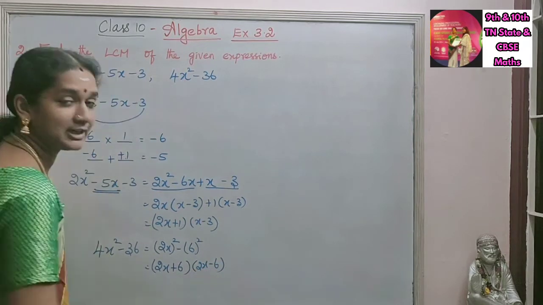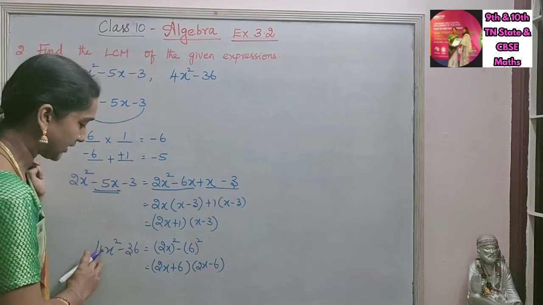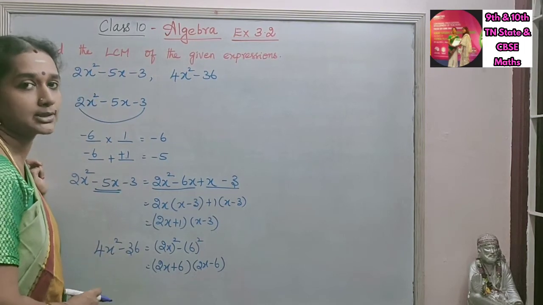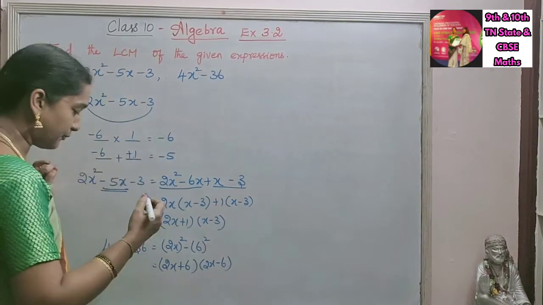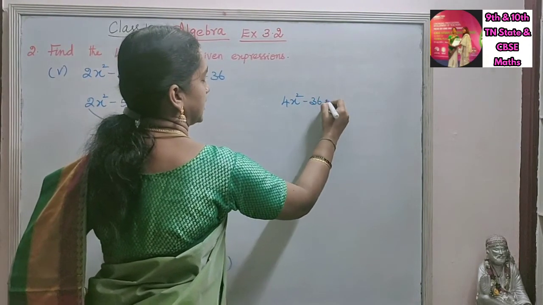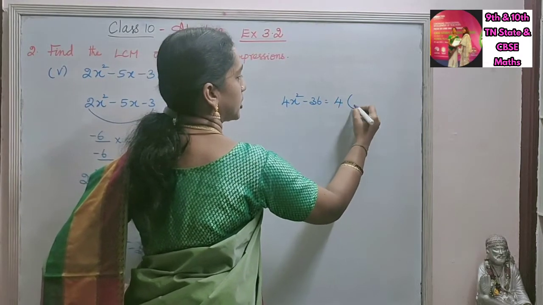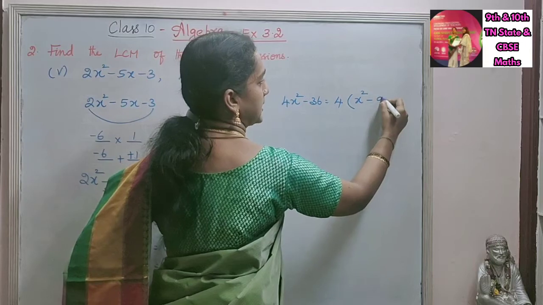One more way we can write this is by taking 4 as common. If we take 4 common outside from 4x squared minus 36, the balance will be x squared minus 9.